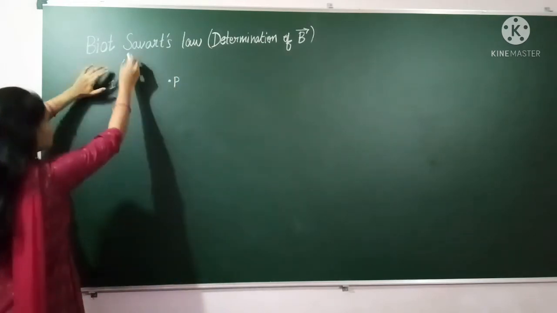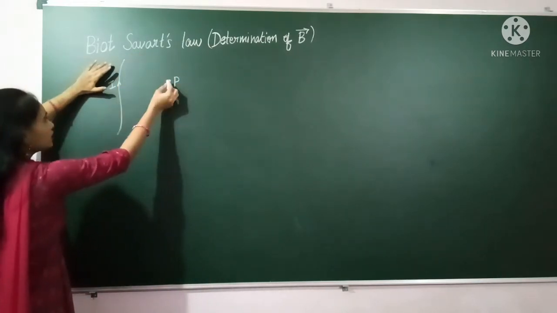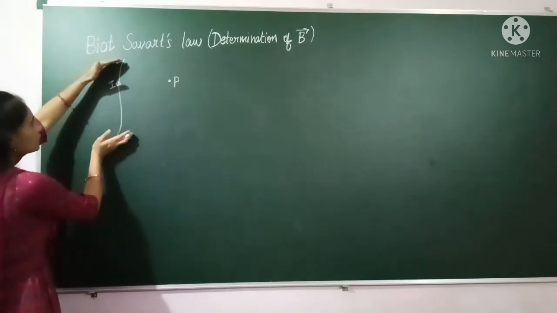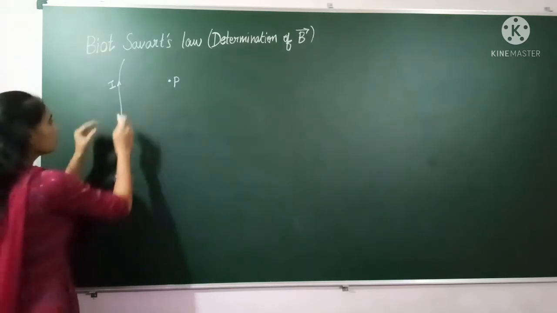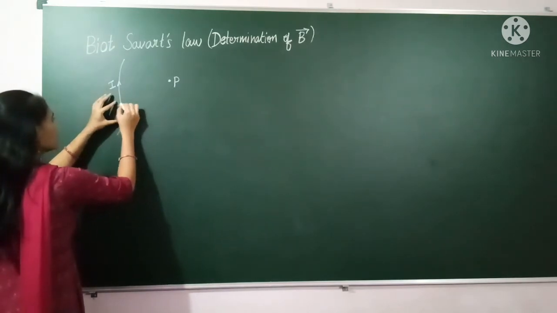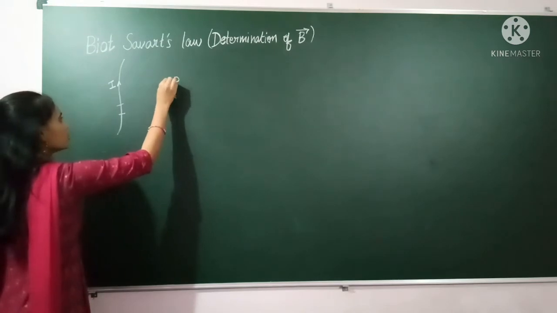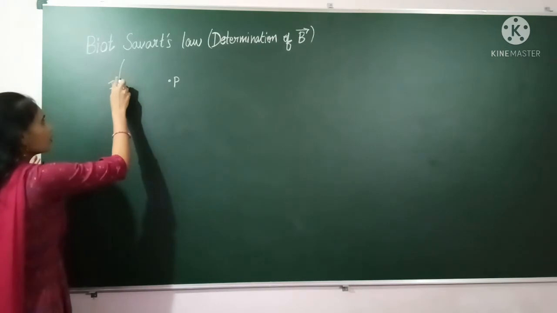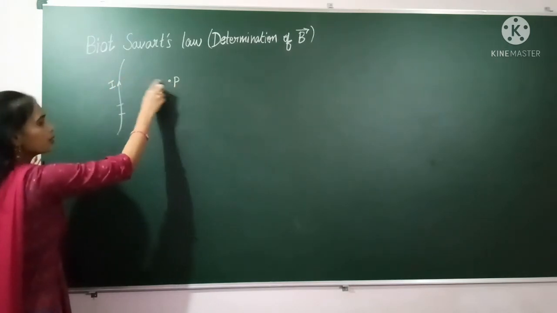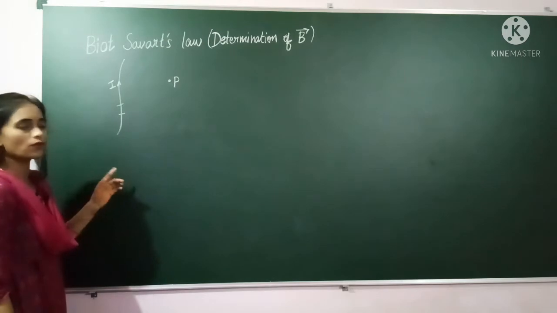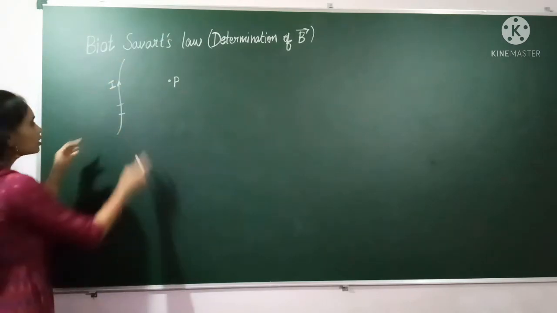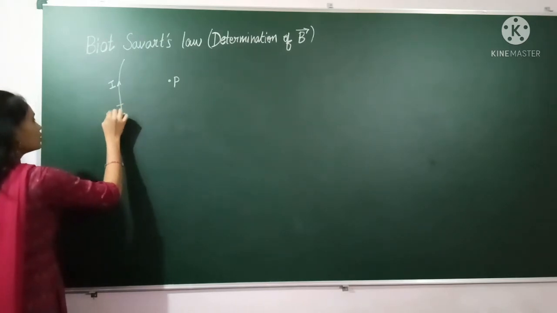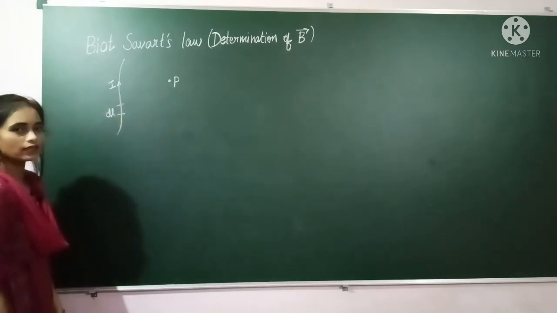Using this Biot-Savart law, we cannot calculate the magnetic field produced by the complete wire. We can calculate only for a small part, because the magnetic field produced at point P by the whole wire depends on the size, shape and distance of the wire and the point P. So for that reason we take a small part of this wire, denoted as dl, and it is called the current element.